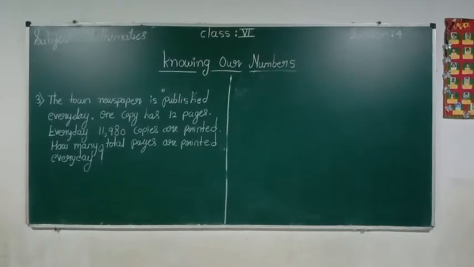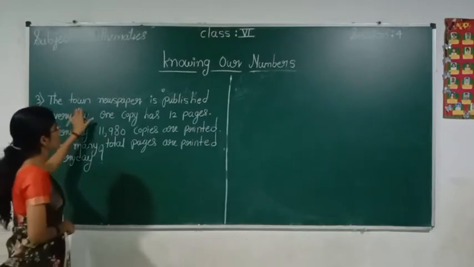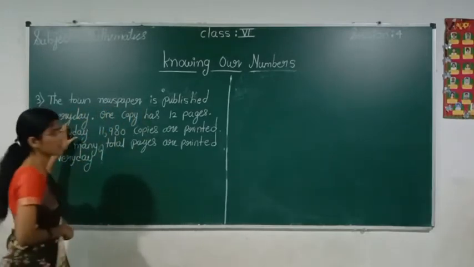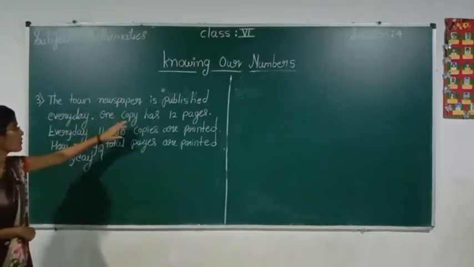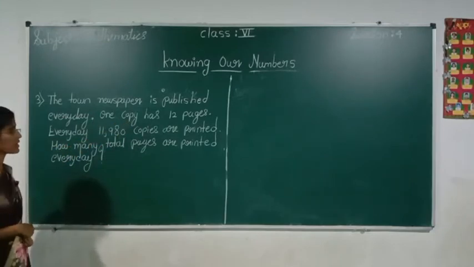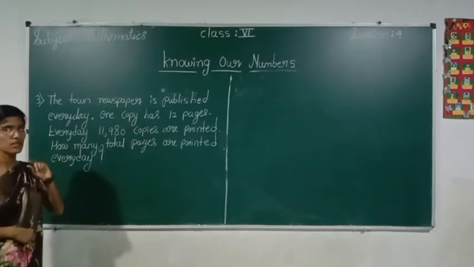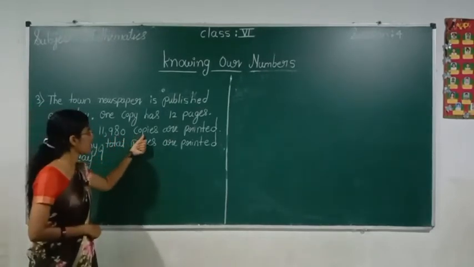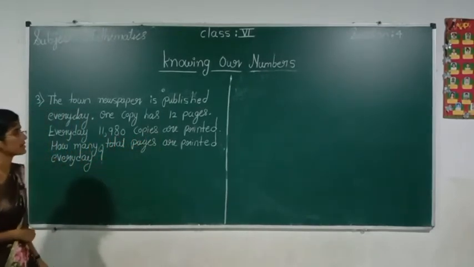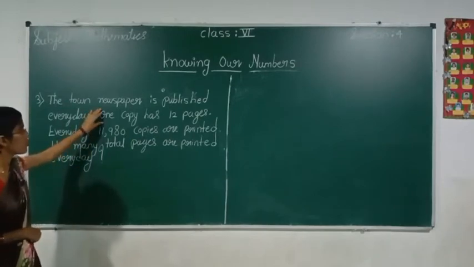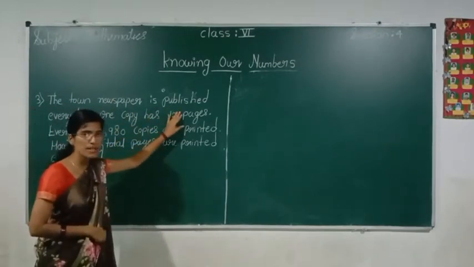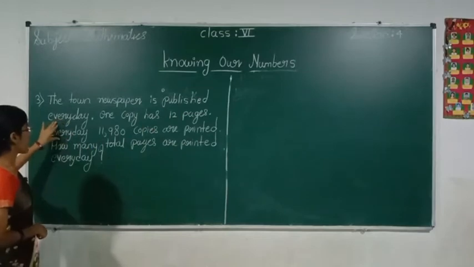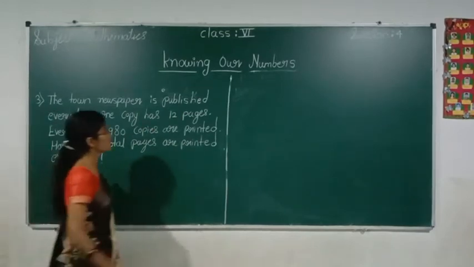The third question tells us that the town newspaper is published every day. Okay, one copy has 12 pages. What is given? One copy has 12 pages. Each copy has 12 pages. Every day 11,980 copies are printed.